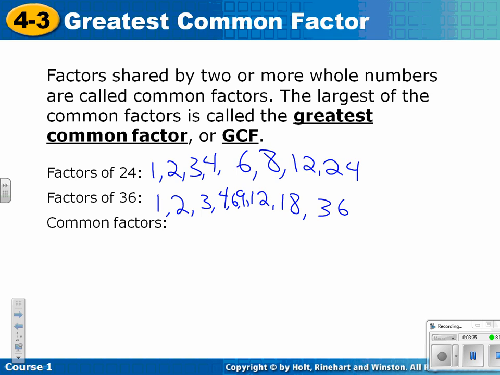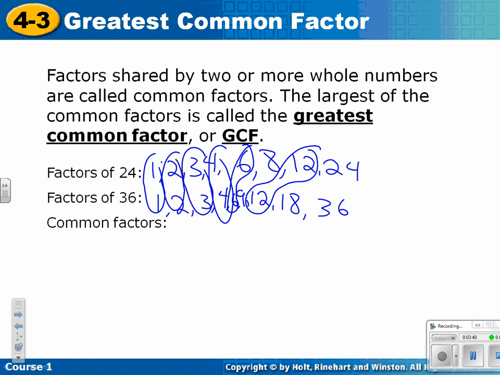So we got 1s in common, we got 2s in common, we got 3s in common, we got 4s in common. 6s in common. Any other ones? Oh, 12s in common. So the greatest one is 12. Awesome.